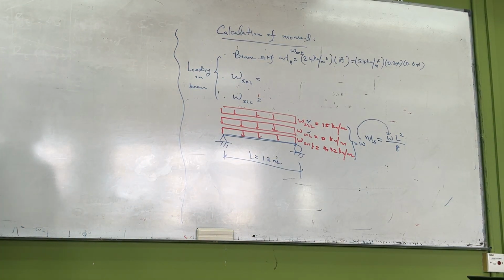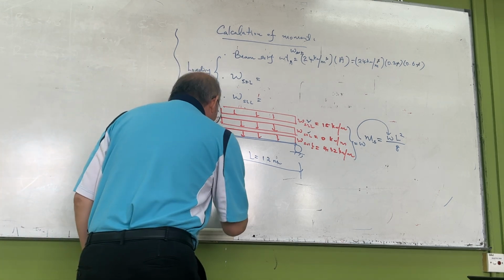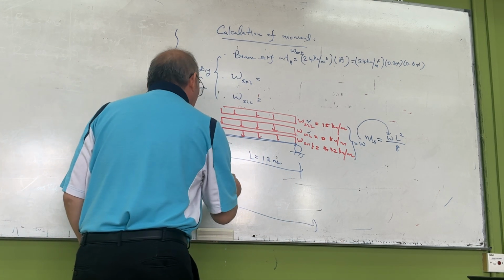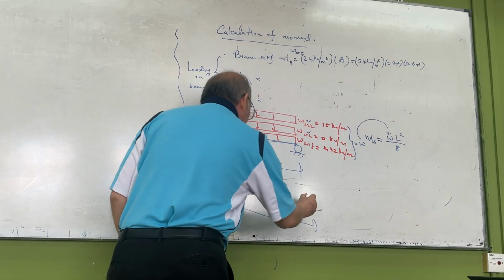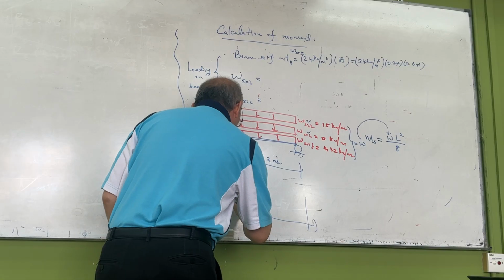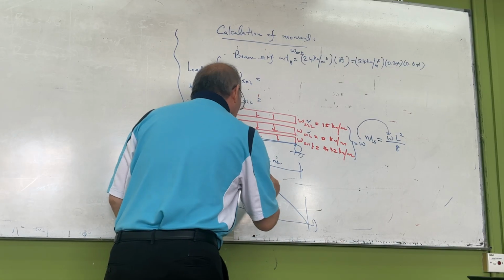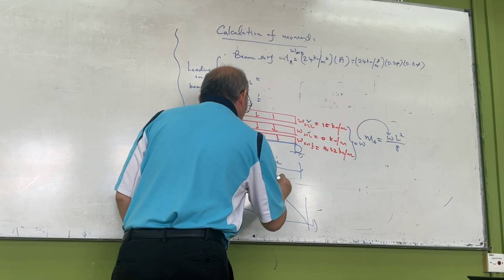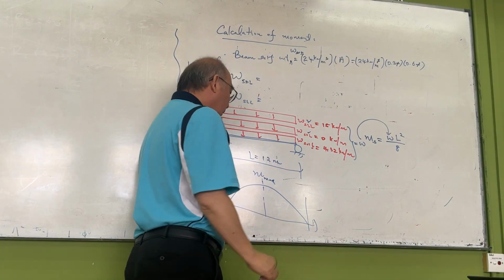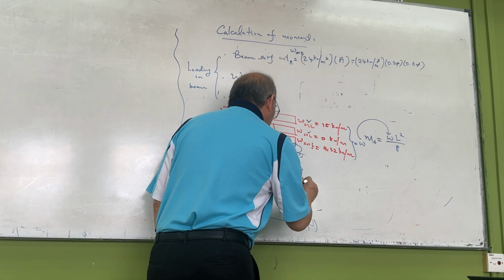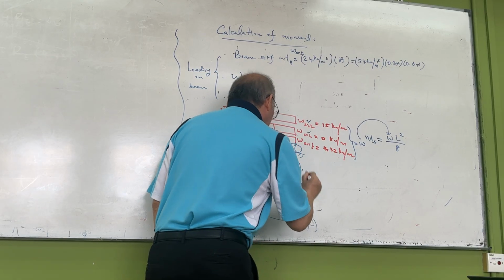Then, let me draw the moment diagram. The moment diagram is like this. This is the support. This is the middle. This is your M maximum. The maximum is equal to MS, which is WL squared over 8.